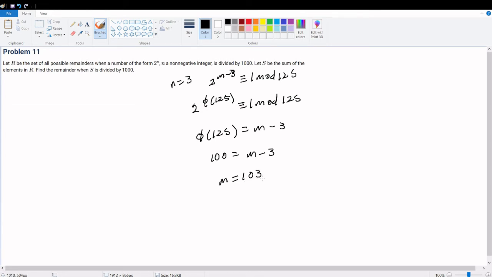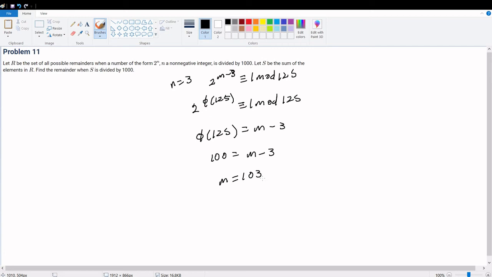Okay, so before we finish up the problem, I want to discuss this equation that involves phi of 125 and m minus 3. Why can we simply set the exponent equal to phi of 125? Why couldn't we do that before? Well, like I said while explaining that part, 2 is not relatively prime to 1,000, meaning that the amount of distinct remainders of powers of 2 mod 1,000 is not 400, it's a factor of 400.